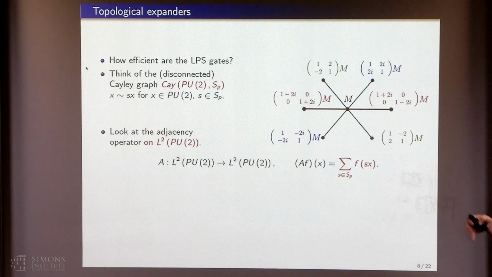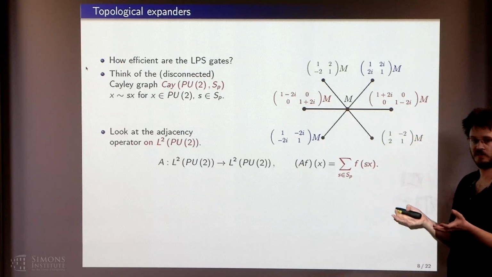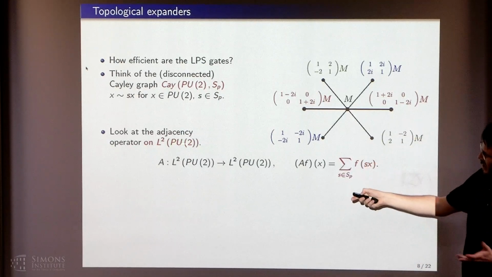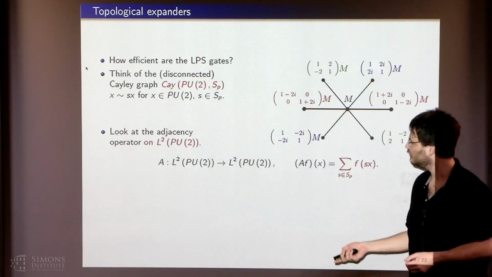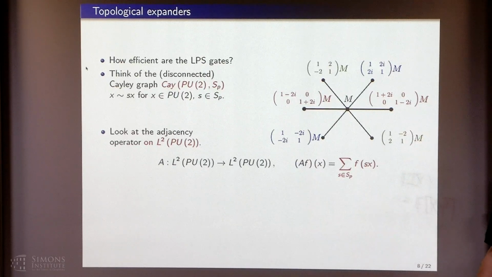But I need to put in the topology. So we look at the adjacency operator, but acting on functions which understand the topology of the unitary group. So I actually think about continuous functions, but the literature usually talks about L2 functions. So think about adjacency acting on L2 functions on the space.